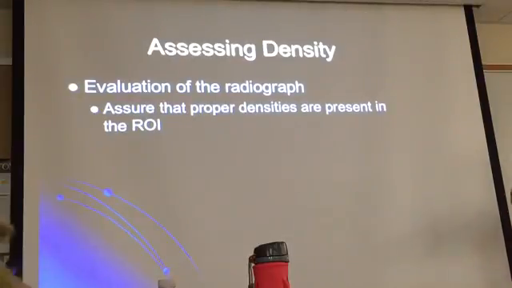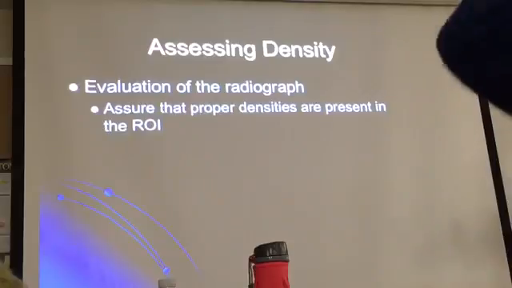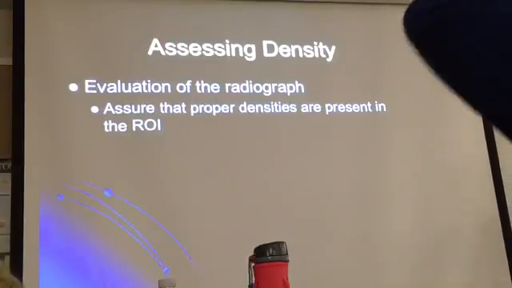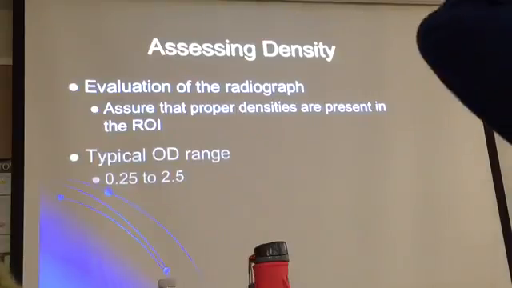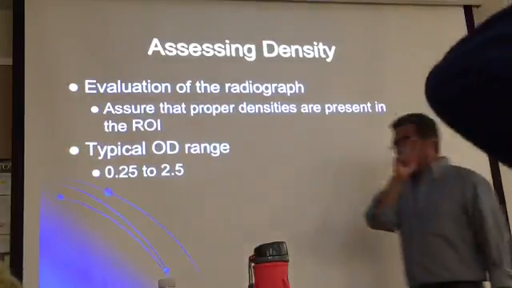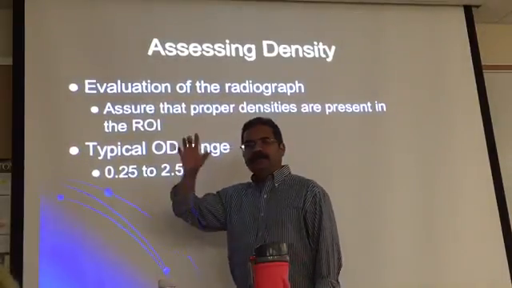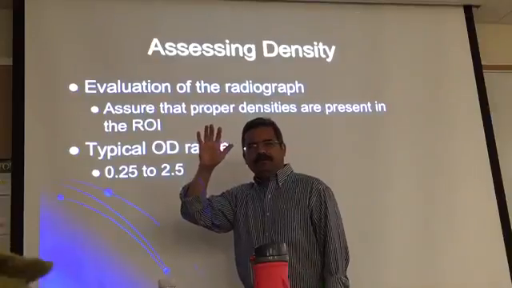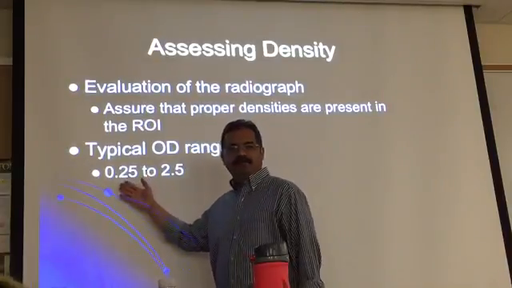Some textbooks will tell you from 0.5 all the way to 2.5. So on a test, you find the range that is closest to what I just told you. But you will find literature that will say 0.5. 0.25 is a little tint on it, not much, just a little bit.